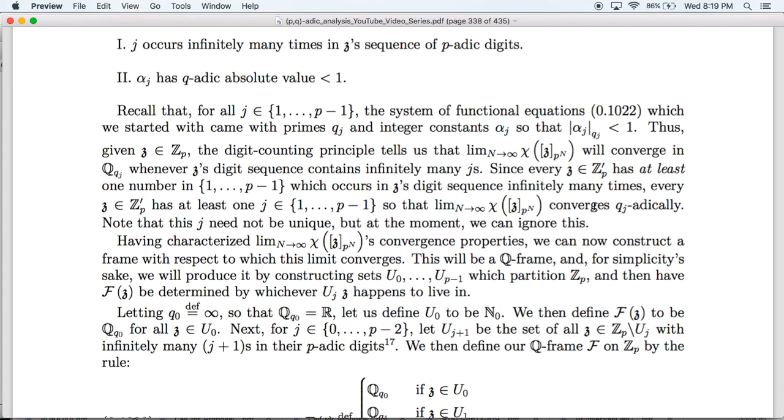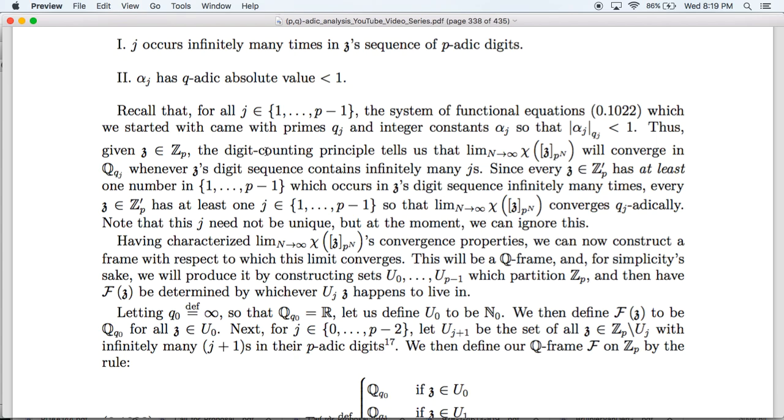So in the biggest case, we have p distinct primes, actually p minus 1 distinct primes, q_1 through q_{p-1}. For any given z and z', this limit converges in at least one of those topologies, but potentially in more than one.